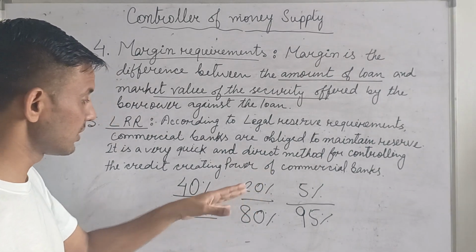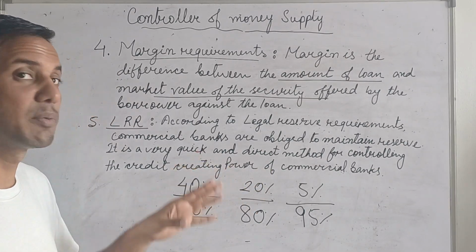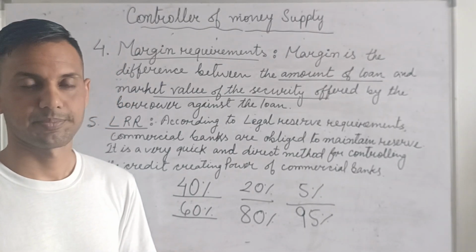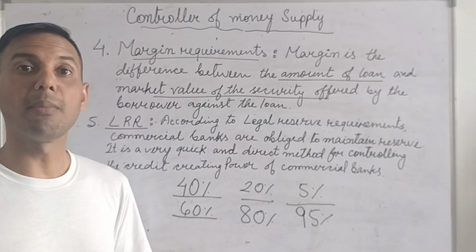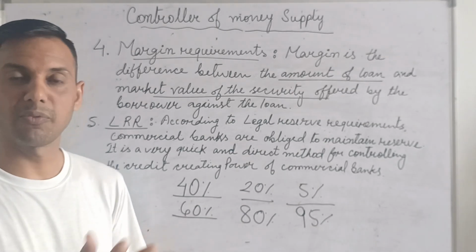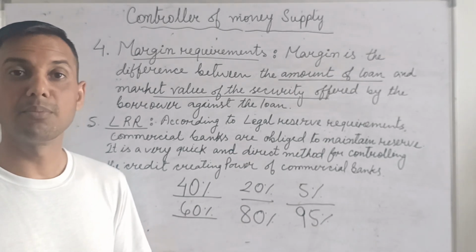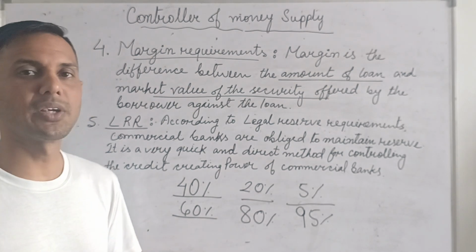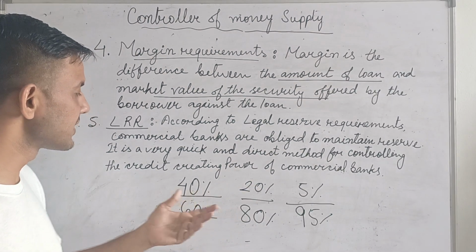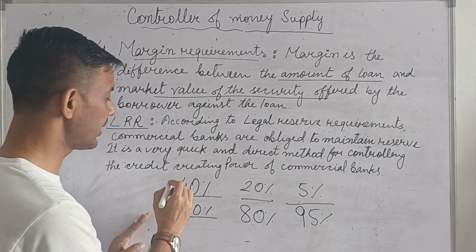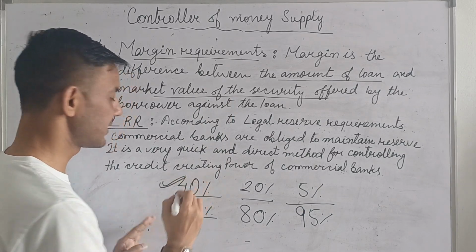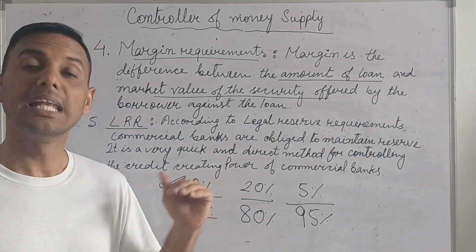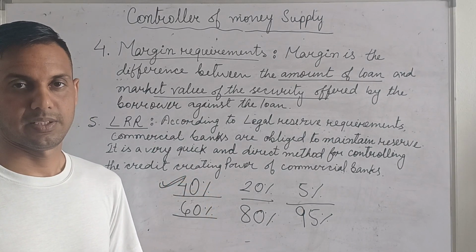These margin requirements depend on inflation or deflation. When there is excess demand, it means inflation. So when inflation is there, the central bank will order an increase in the margin so that commercial banks can provide less credit.